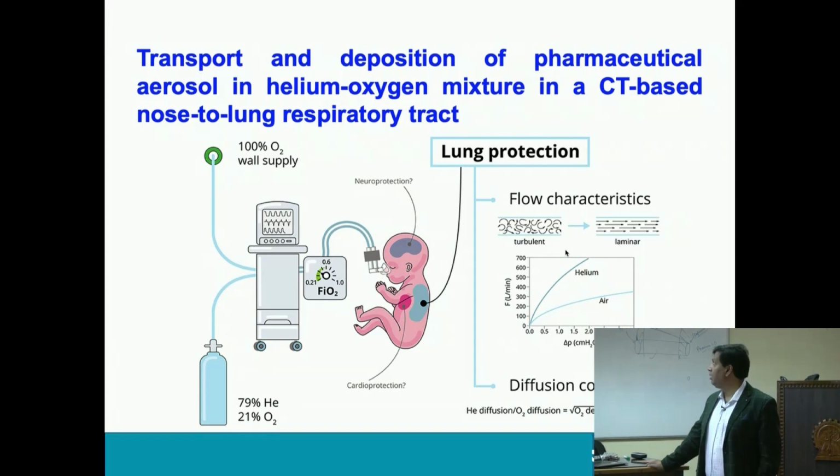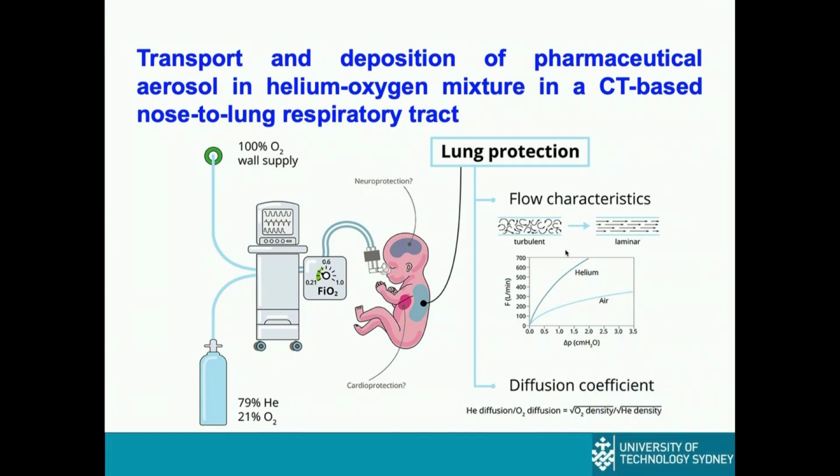So we found that when we inhale only oxygen, that can cause some turbulent effect in the larynx area. So that means when we inhale the drug, it actually deposits on the upper airways, but you need to send the medicine to the deeper airways, and it's stuck somewhere here. So that means you need to make it laminar. How can you do that?